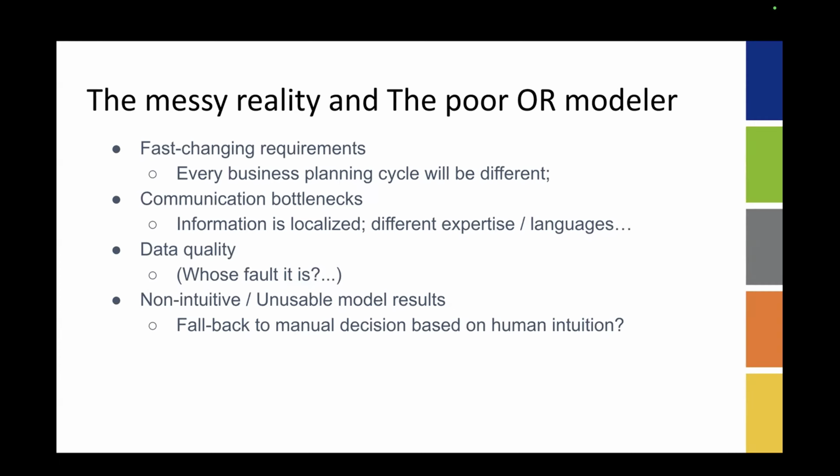People use different languages and have to sit through long meetings to get aligned. And the worst scenario is that you have a model that produces results that are not really usable, that does not really make the decision better, right?